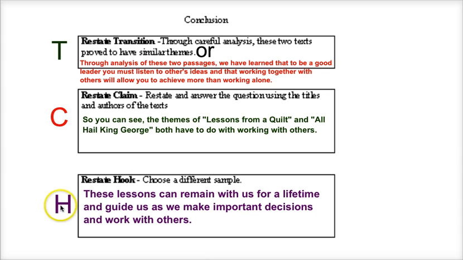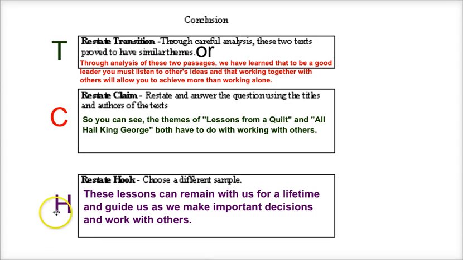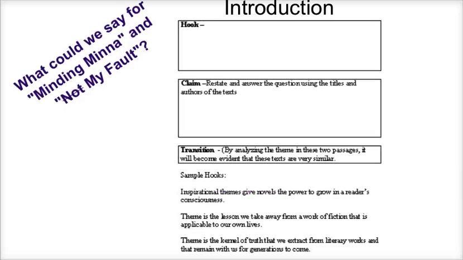And then finally we restate the hook, so we're going to choose a different hook. These lessons can remain with us for a lifetime and guide us as we make important decisions and work with others. So where we used HCT in the introduction, we're going to use TCH in the conclusion. And that is how we're going to formulate the introductory paragraph and the conclusion paragraph.